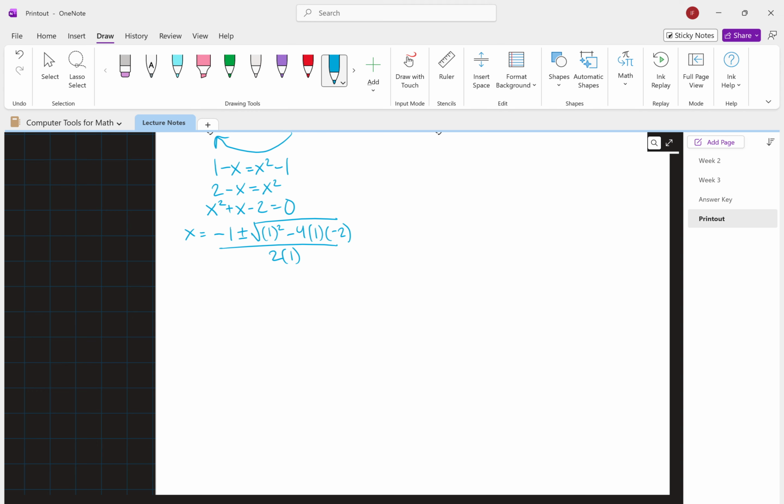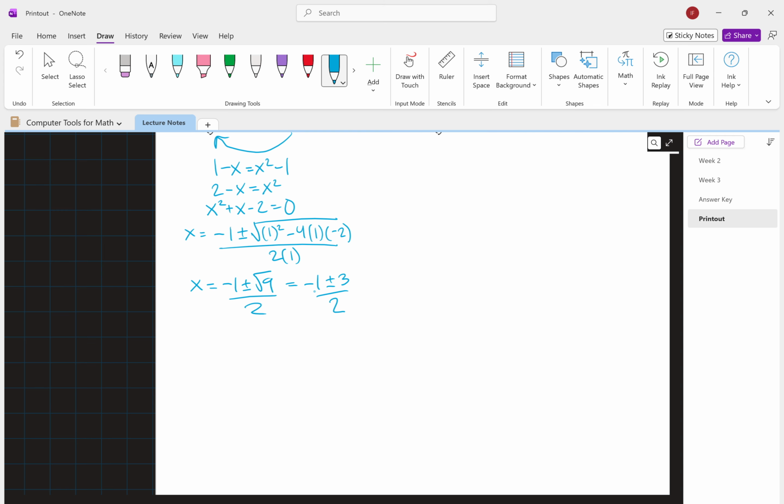So then from there we can simplify a bit, plug some values into our calculator to get x is equal to negative 1 plus or minus the square root of 9 over 2. And of course the square root of 9 is 3, so that's going to be equal to negative 1 plus or minus 3 over 2.